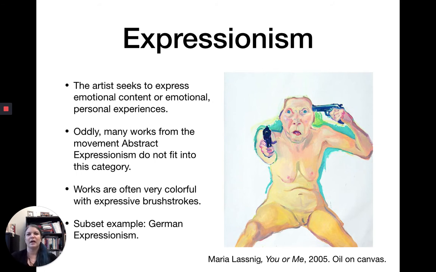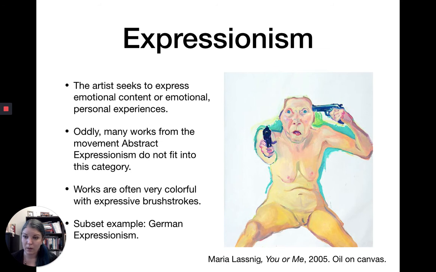Basically, the criterion for success for expressionism is, does it express the artist's feeling? It's a super subjective criterion for success, which makes it inaccessible to some people, but also sometimes the most accessible because it tends to be colorful, and you can get into the feeling of the work.